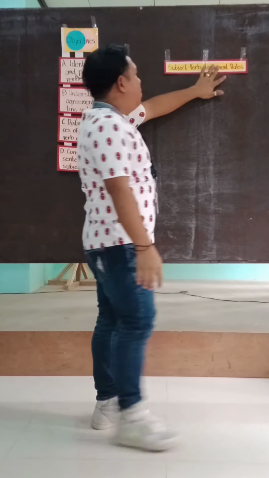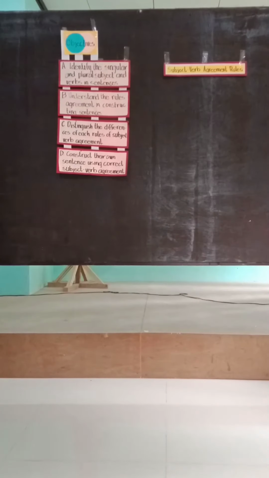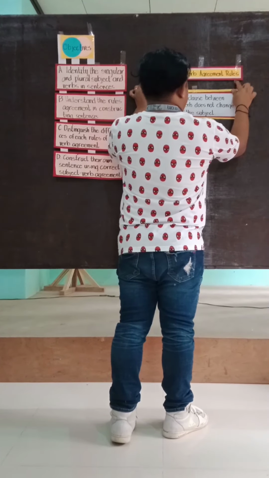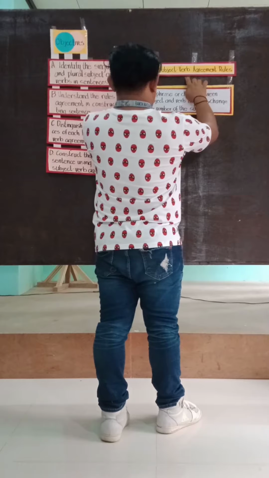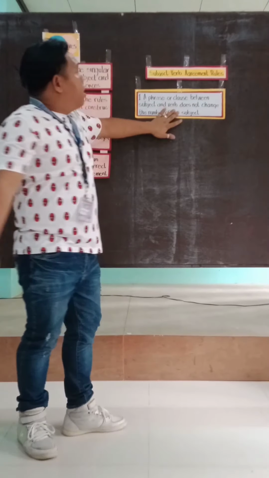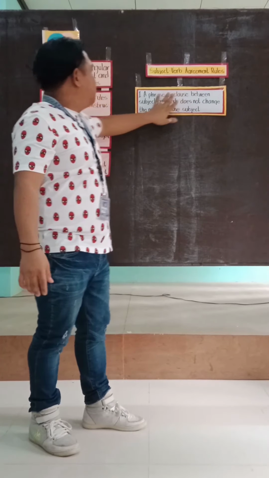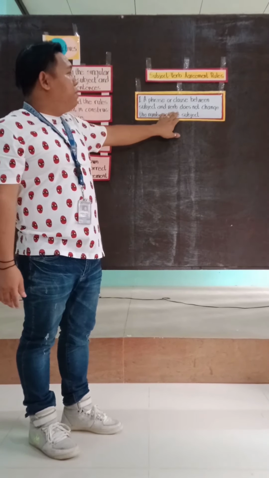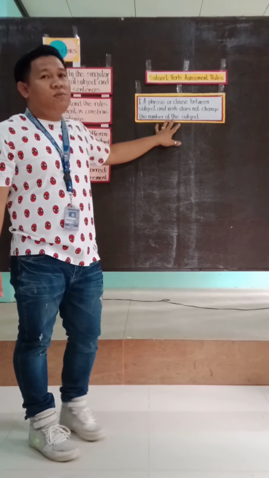We have a lot of rules in subject-verb agreement, but I'm going to discuss the 5 rules only. First rule. The first rule of subject-verb agreement is: a phrase or clause between subject and verb does not change the number of the subject.